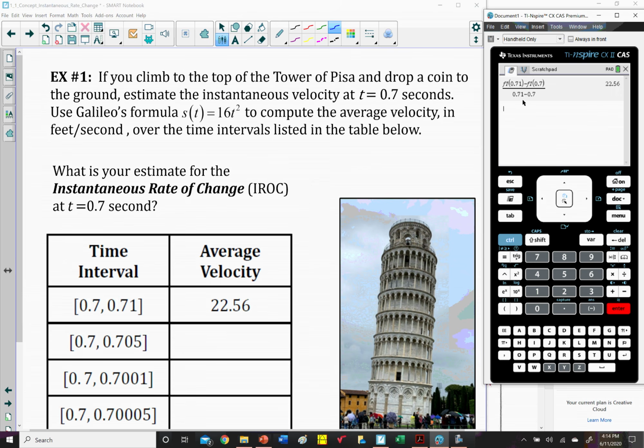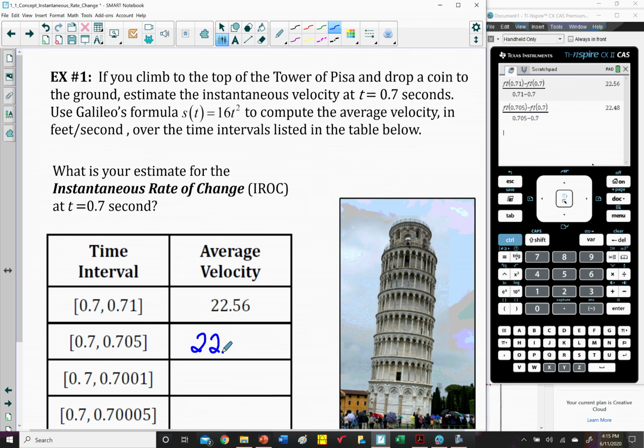So if we continue that, I can copy and paste this, changing our time interval to 0.705, and the denominator, changing that to 0.705. We have 22.48 feet per second.